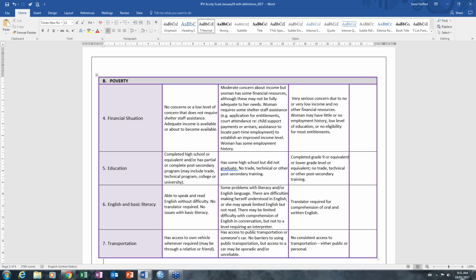If we move on to 3, there are some barriers in place, meaning they don't have their own car, or access to their own car is sporadic, but they can access public transportation. And then a score of 5, there's no consistent access to either public or personal transportation.